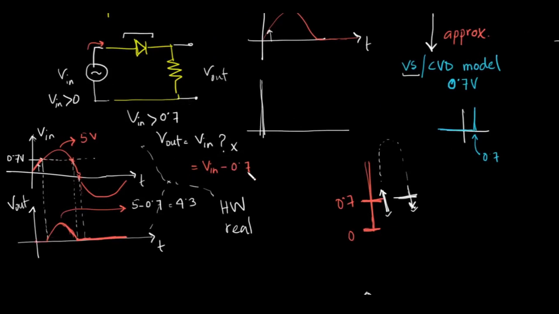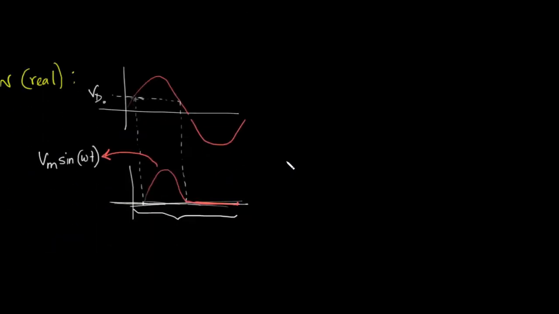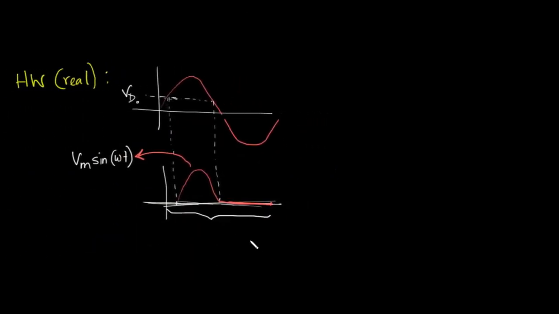As you see, when the diode turns on, the output is one diode drop less than the input. We have to subtract one diode drop from the input, then we will get the output. So we have to incorporate this in our equation. For a real diode, the equation of this portion of the graph will be Vm sin omega t minus Vd naught. Okay, simple as that.